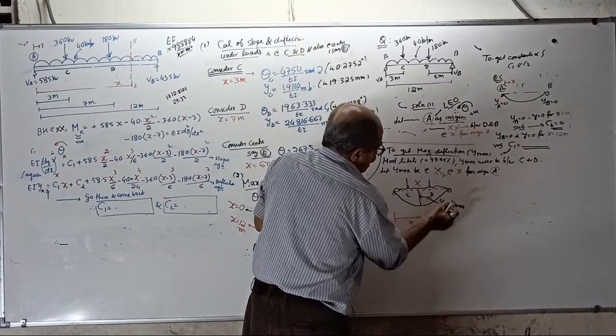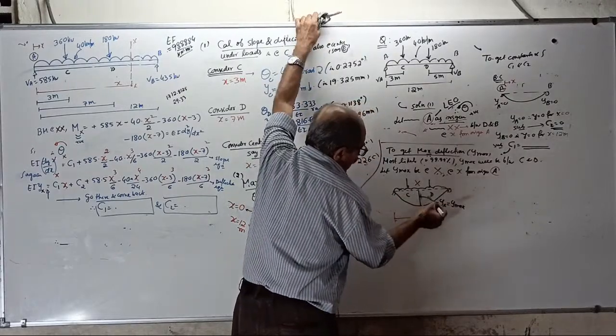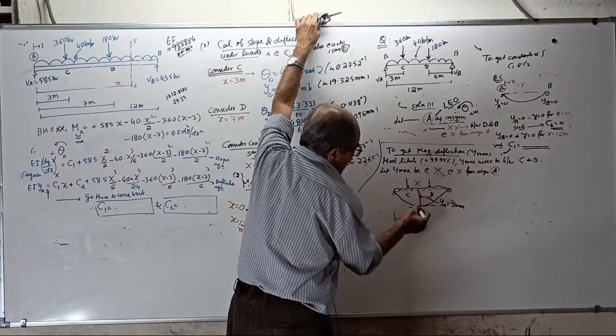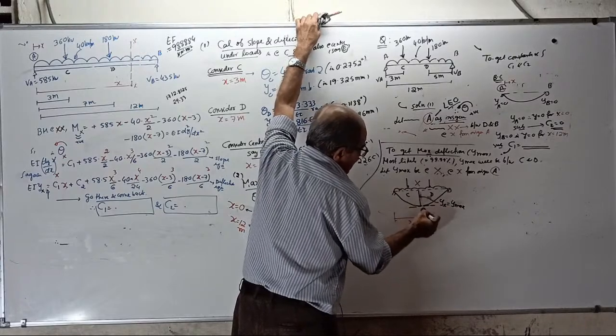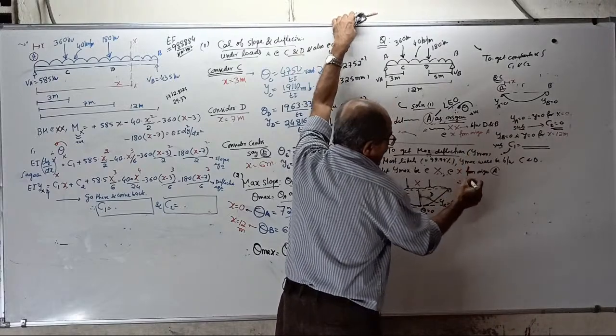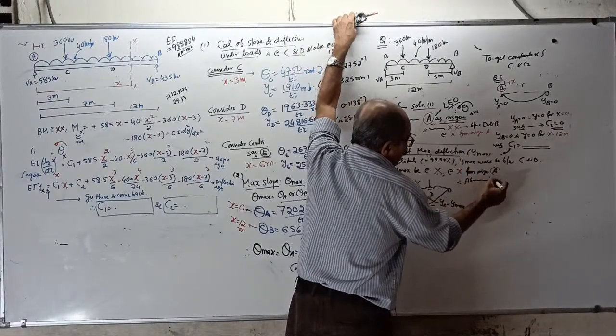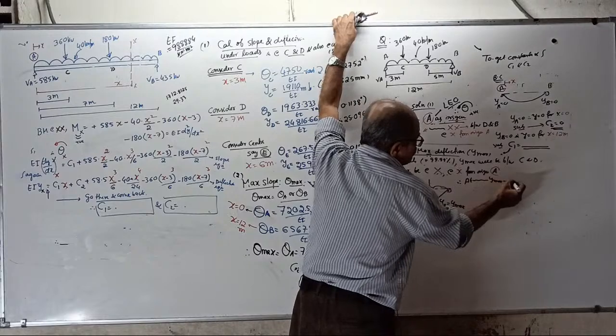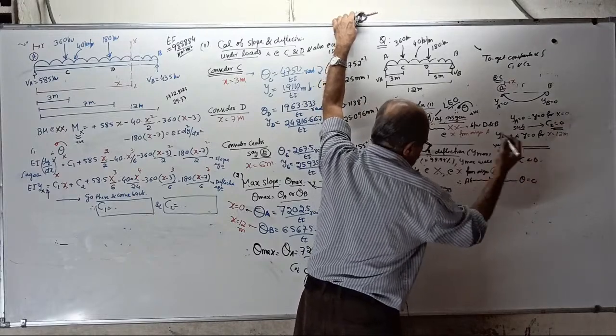Okay. Now, where Y is maximum, draw a tangent, slope theta at x is 0. Therefore, you should write, at the point of Y maximum, slope theta equal to 0.